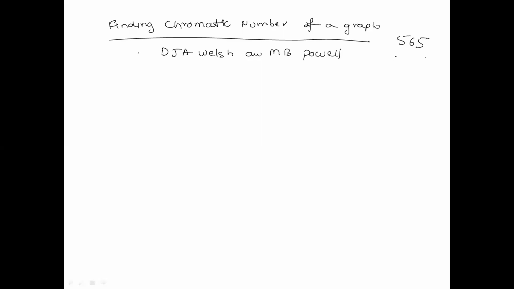He has given a very simple explanation of the procedure to find the chromatic number. It is clearly described in the textbook also, but let me explain. You listen carefully how to do that. It'll take 5 minutes.